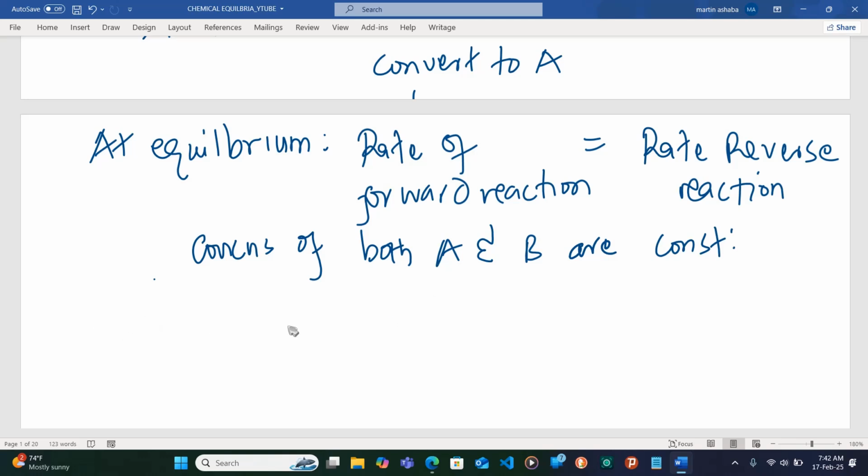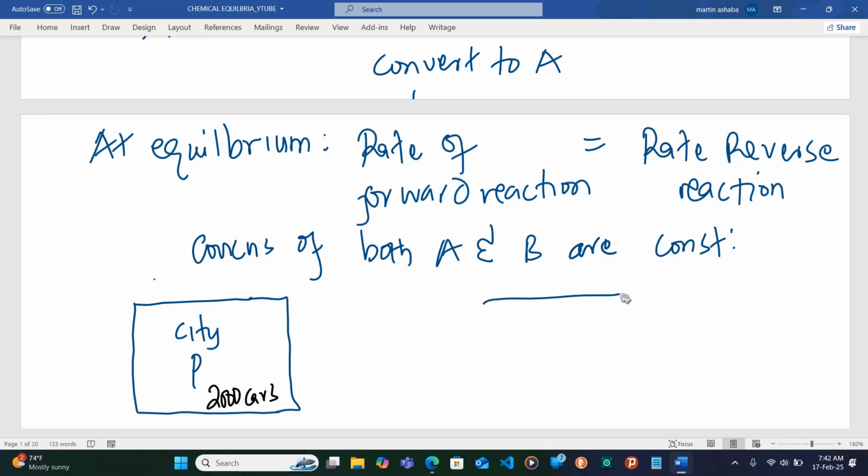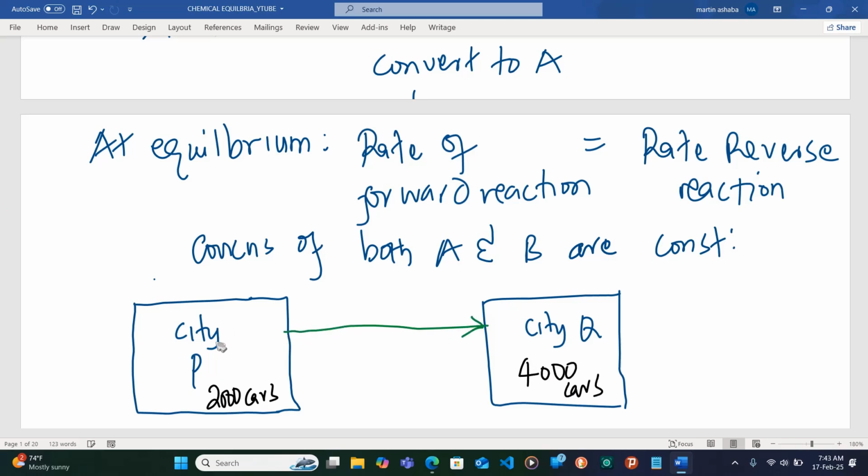Now consider two cities, for example, P and Q. We have city P, and this city P has maybe 2,000 cars. Then we have city Q, which maybe has about 4,000 cars. If we have cars flowing from city P to city Q, maybe 10 cars per hour, and then we have 10 cars per hour in the other direction.